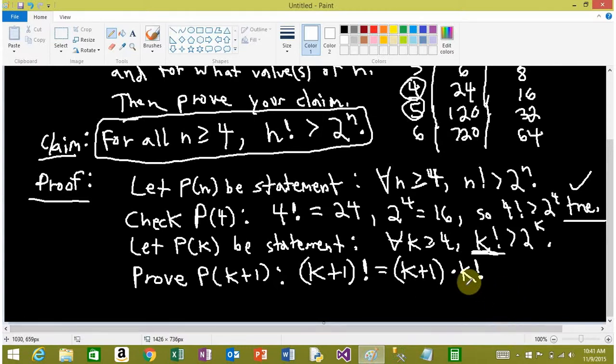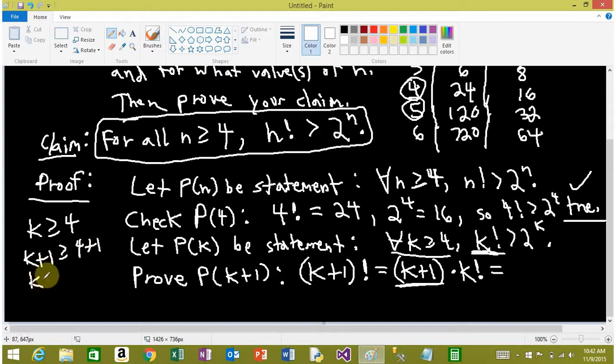And now we need to replace this k plus 1 with some value. What is that equal to? Well, we can do some scratch work here on the side. We know that k is greater than or equal to 4 for our inequality here. So if we add 1 to both sides, we see that k plus 1 has to be greater than or equal to 5.